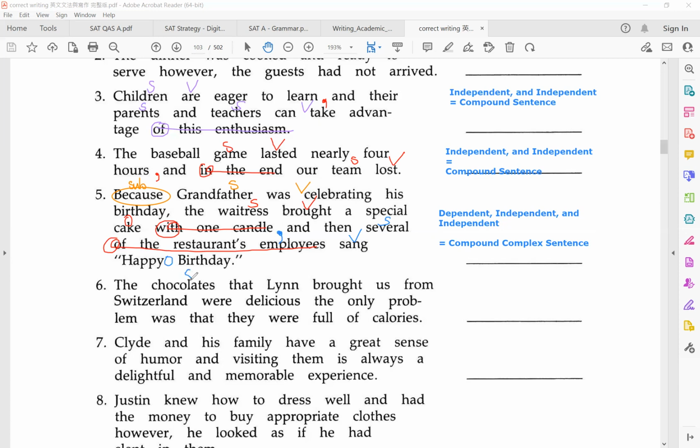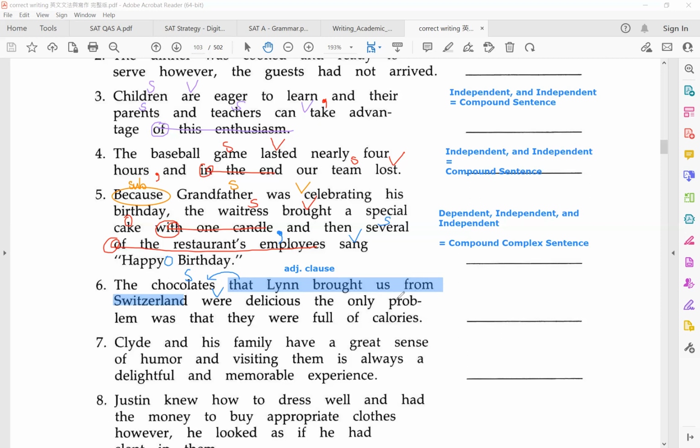All right, number 6. The chocolates, and then I have a relative pronoun that Lynn brought us from Switzerland. This is an adjective clause, right? If you remember, an adjective clause is dependent and it modifies the noun before, which is chocolate. But our independent clause is the chocolates were delicious.